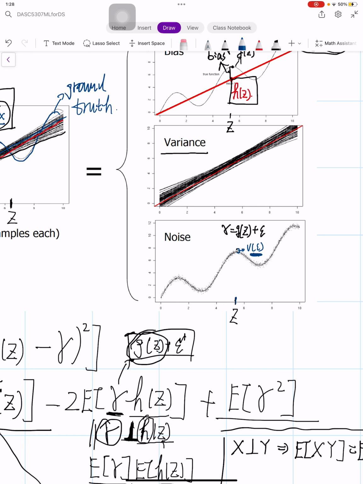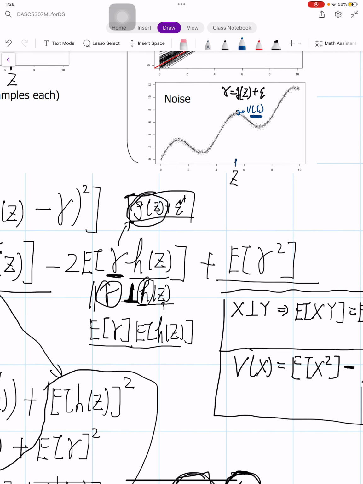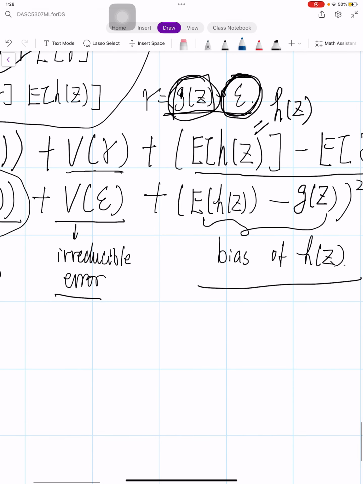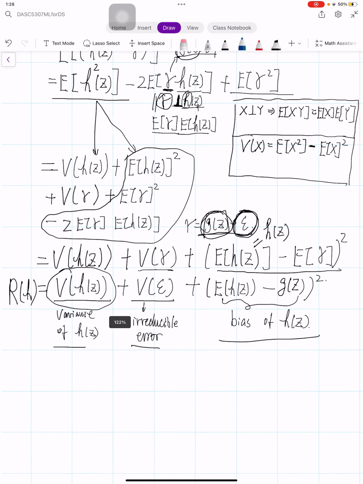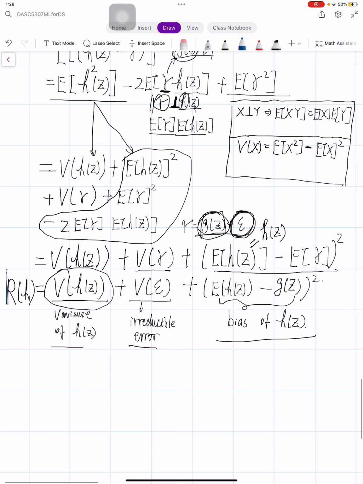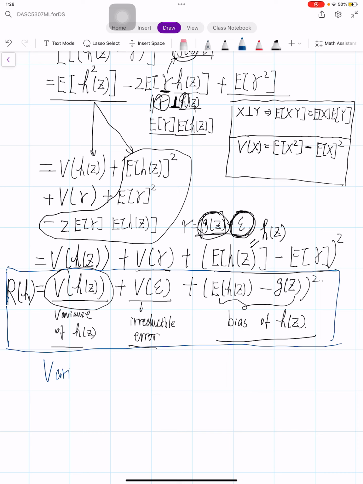So this is called noise error. This is called the bias-variance decomposition.